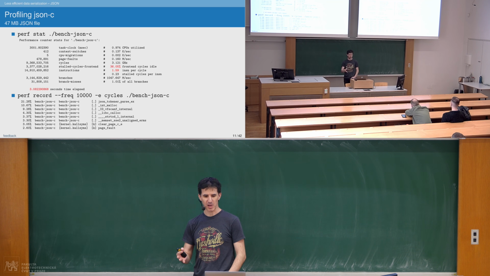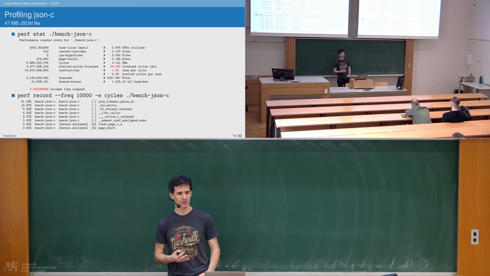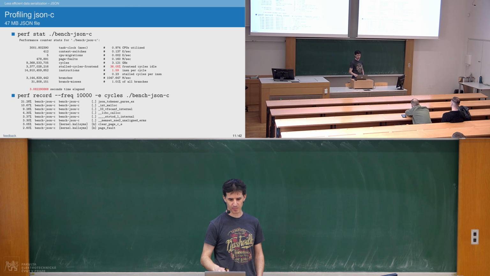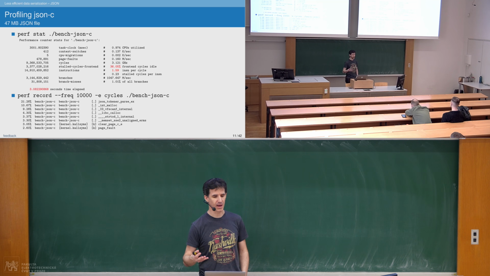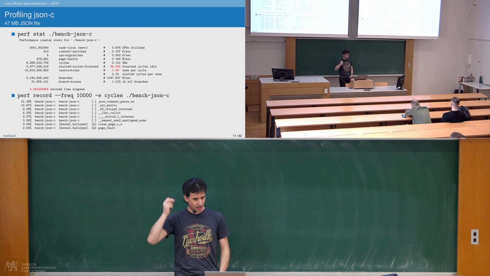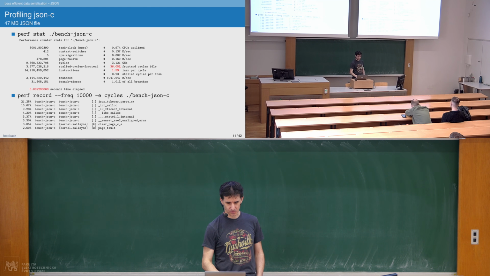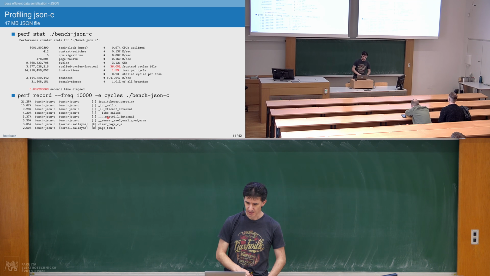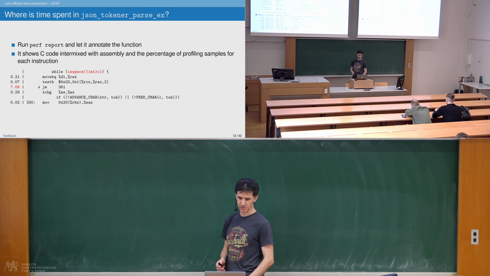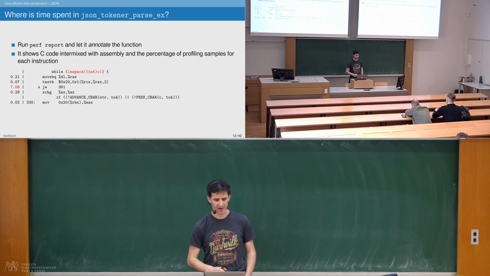Perf stat is just a quick thing to get some numbers. Then you can use perf record to understand more where time is spent. If we run it on this benchmark, we can see that 20% is spent in a function json_tokener_parse_ex, 10% is spent in memory allocation, and so on. So let's look at this json_tokener_parse_ex.